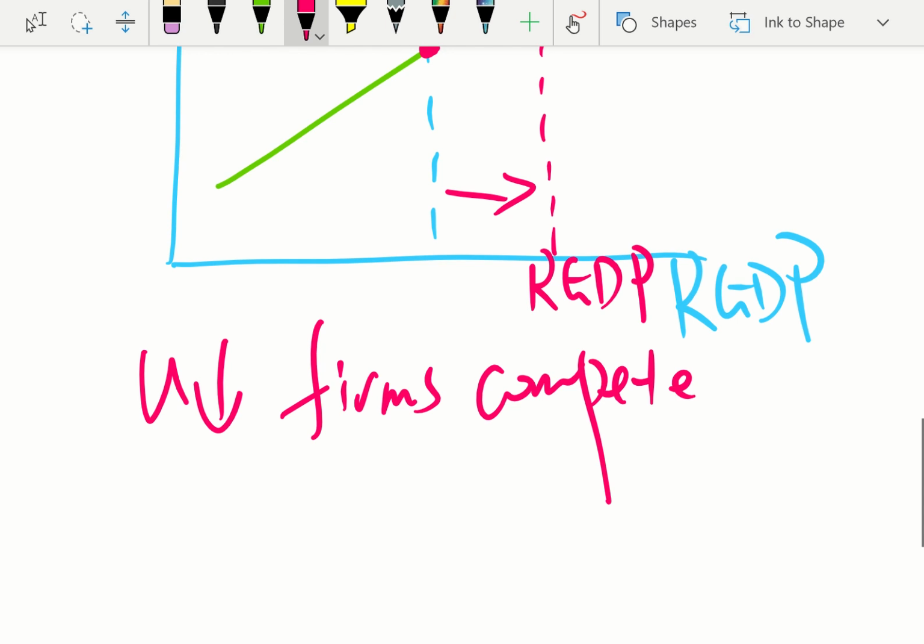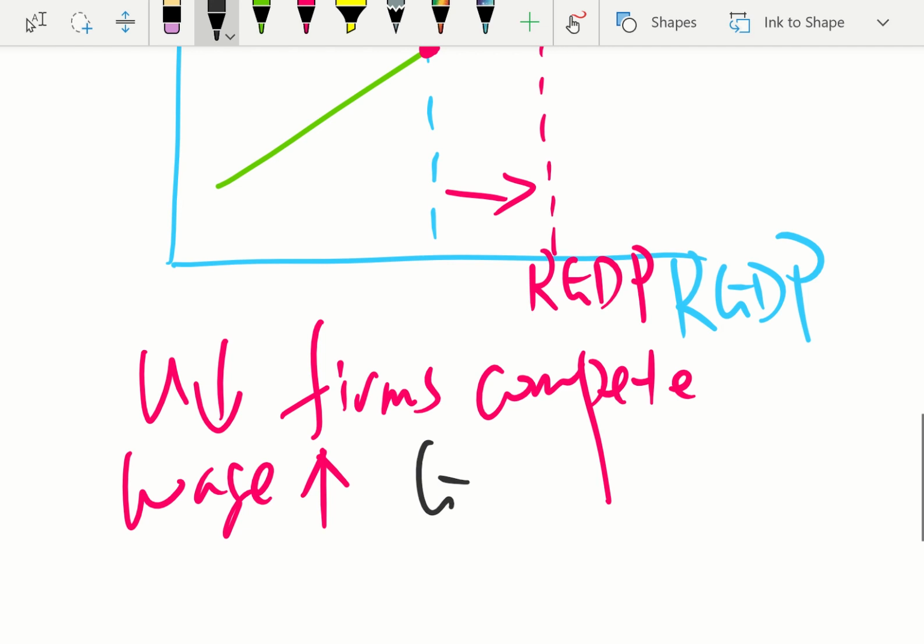When companies compete for employees, in the long run, wage will go up. And when wage goes up, your costs become higher, and then the company actually produces less now. So in the long run, when wage goes higher, your real GDP will go down again.